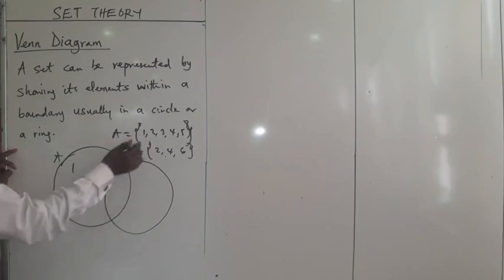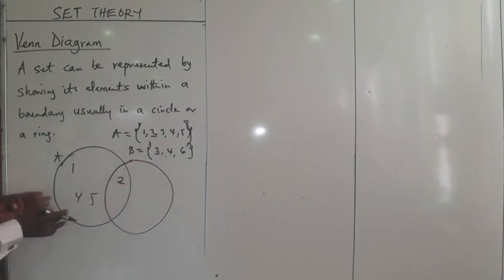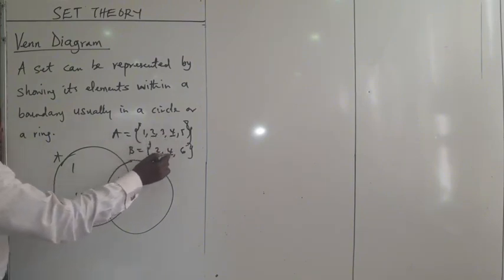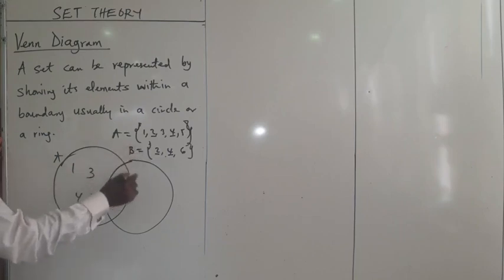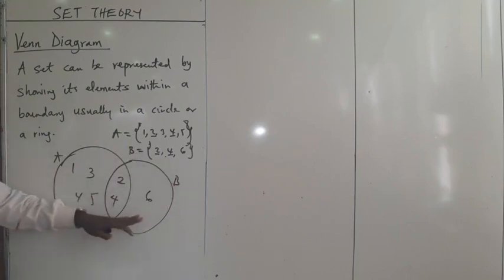We have 2 in A, we also have 2 in B, to be here where they are intersecting, overlapping. Then we have 4 in A, we also have 4 in B, so we also have this one here. This will be 3 here, then we have 2, 4, then 6 here. So this is set B. So this is one of the Venn diagrams.